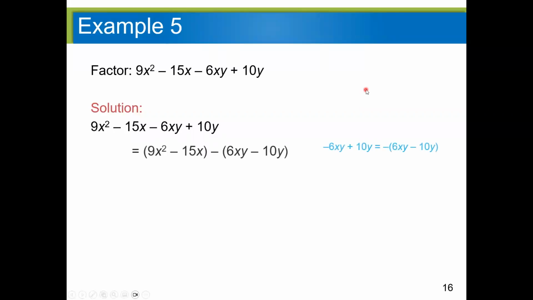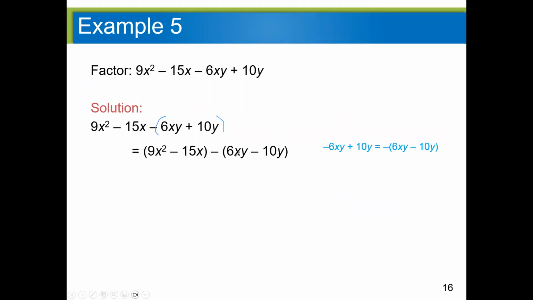Well, that's where factoring by grouping comes in. First suggestion here is try to figure out exactly what's going on with your pluses and your minuses. I have a minus 6y on the front there. What do I do about that? Well, one suggestion is to distribute out the negative. Or as shown here, if I swap this positive 10 for a negative 10, I can then pull a negative out of the entire last two terms here, right?